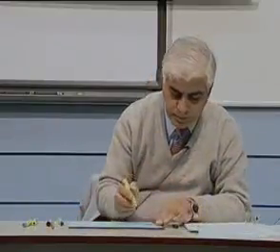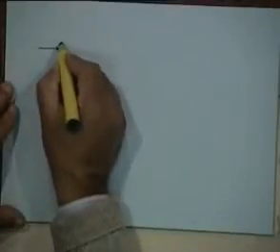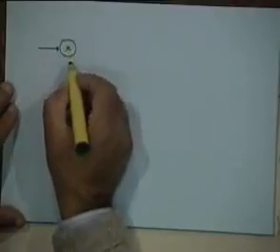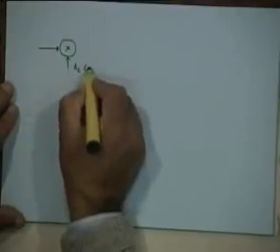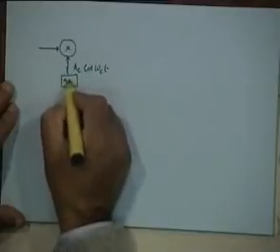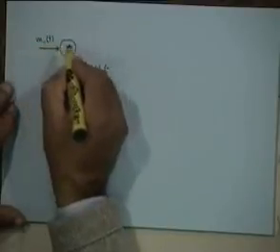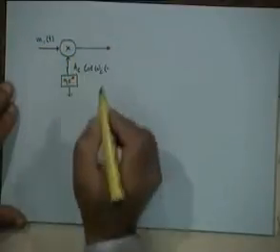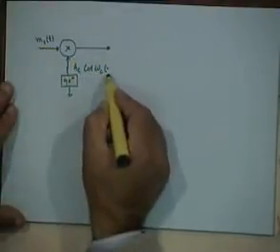Okay. To put it in the form of a figure, you have a multiplier for Ac cosine omega ct. Let's say you have a 90-degree phase shifter here. Your message signal m1(t) comes here, and this is your modulated signal m1(t) times Ac cosine omega ct.